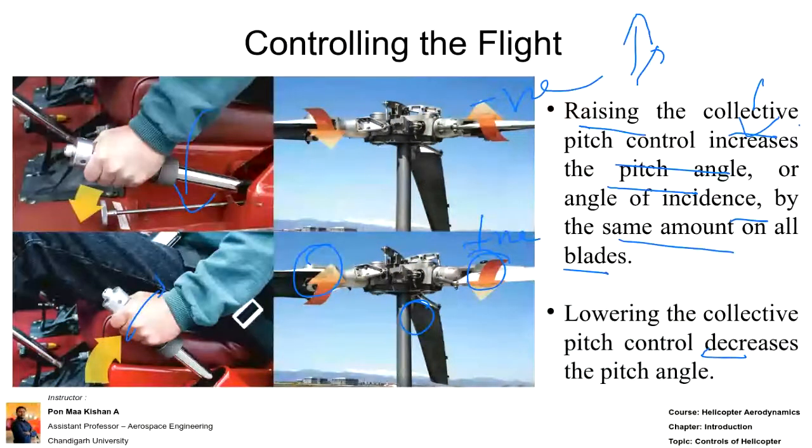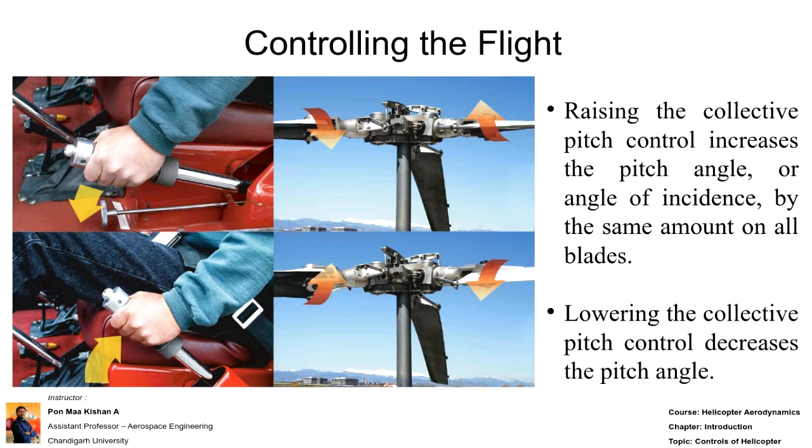Okay, collective pitch control. Don't get confused between cyclic and collective pitch control. Cyclic is used for forward, backward, left and right movement, whereas the collective pitch control, which is near the pilot seat, is used for takeoff and landing, otherwise climb or descent.